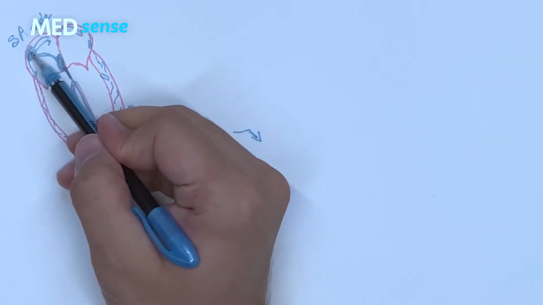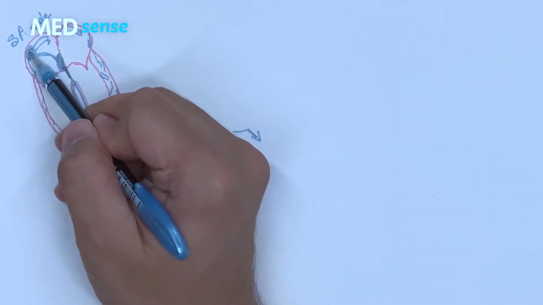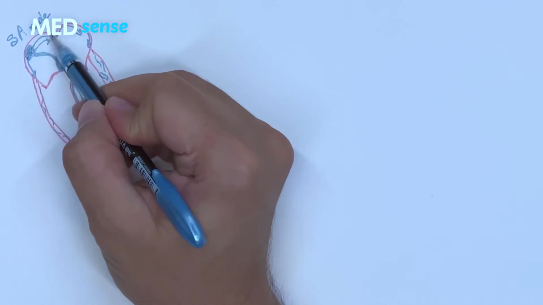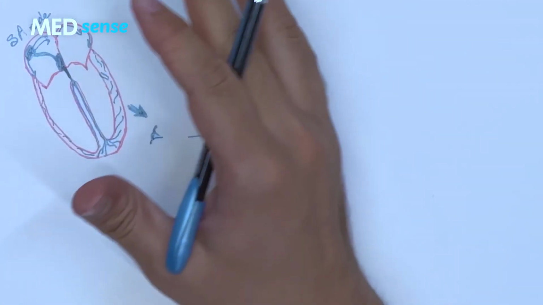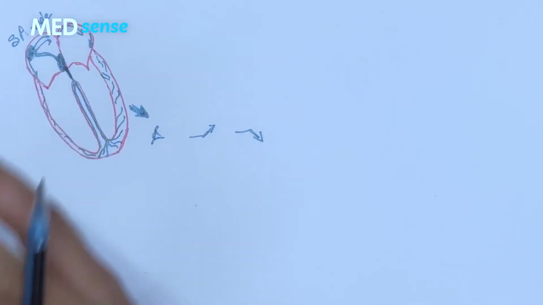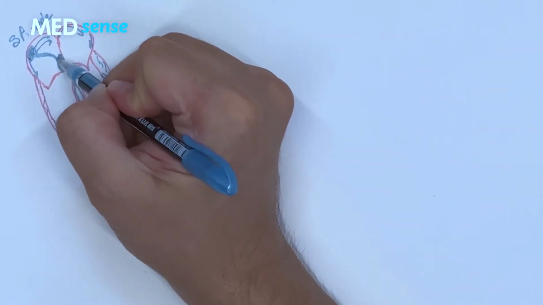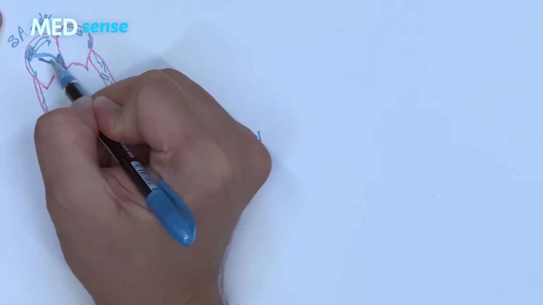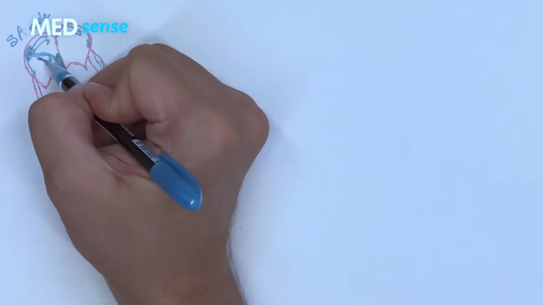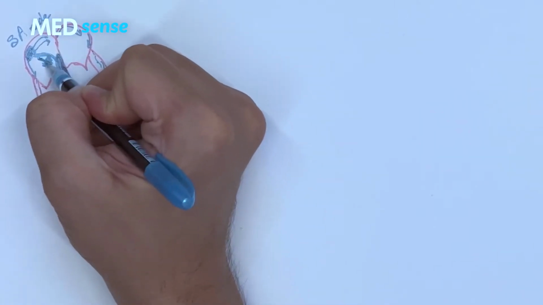Our electrical impulse started from the SA node. It transmitted to both atria, and the major electrical output goes down there to the AV node. Now we have positive electrical current moving this way.